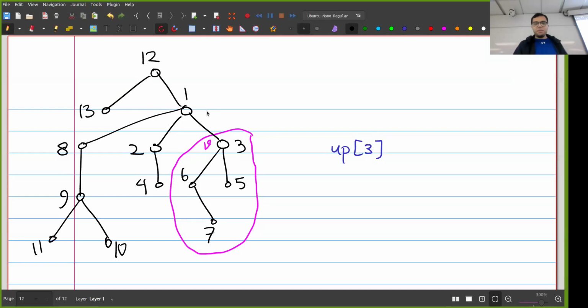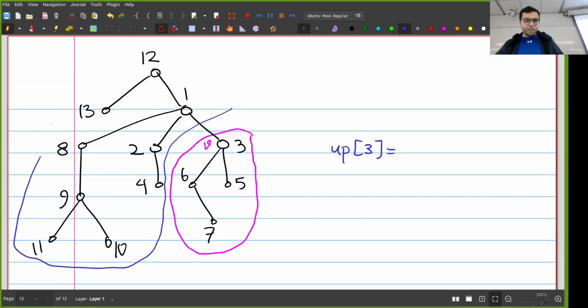So maybe from 1, I keep going up. Or maybe from 1, I go to one of its other children, right? So if I want to find up of 3, I'm basically saying, what is the farthest vertex in this part of the graph from the vertex 3?